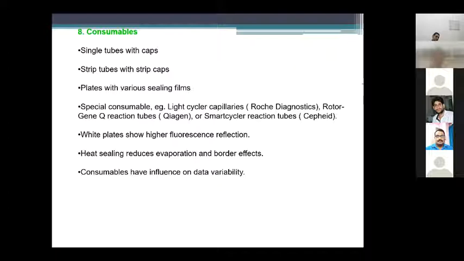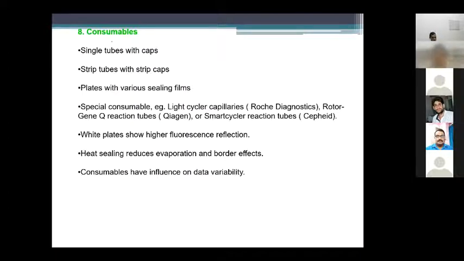Consumables we use for real-time PCR: single tubes with caps, strips with strip caps, plates with various sealing frames. The white plates show higher fluorescence reflection, and heat sealing reduces the evaporation and the border effect. So consumables have an influence on the data variability. I already told you that at each and every step you use the same consumable also.